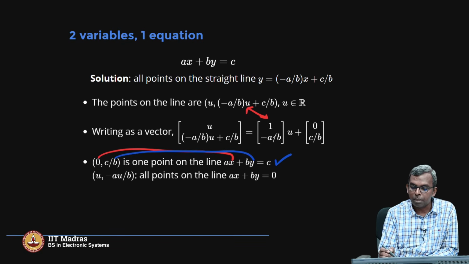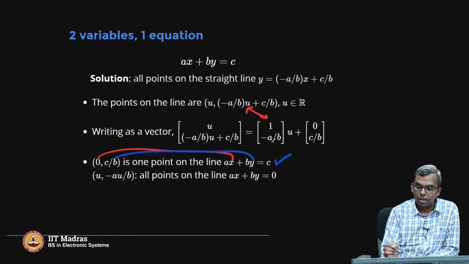What about this 1, minus a by b? 0, c by b is on the straight line ax plus by equals c. What is this other vector? It turns out this vector u, minus au by b is basically all the points on the line ax plus by equals 0.